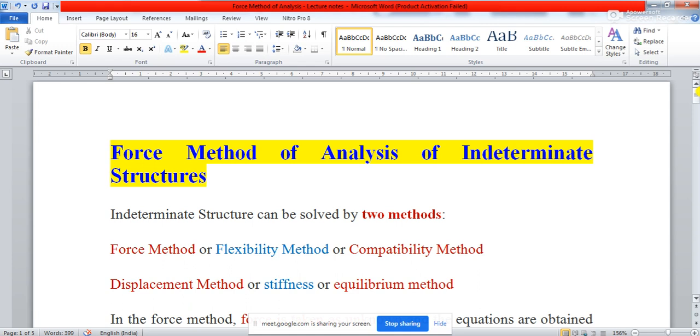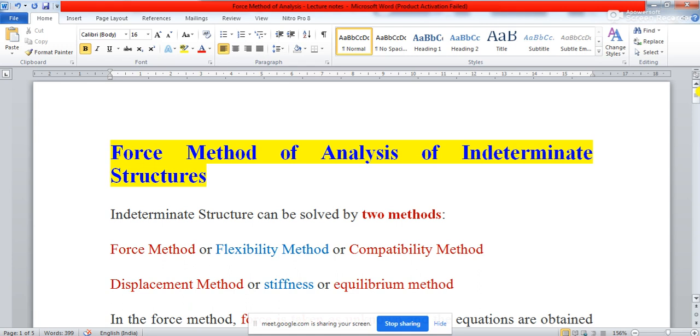Today we will get into more detail about the force method and try to understand the steps involved in force method of analysis. One thing you should remember: while doing the analysis of a structure using force method, you should be very comfortable about calculation of deflection of a structure at any particular point because of any load.